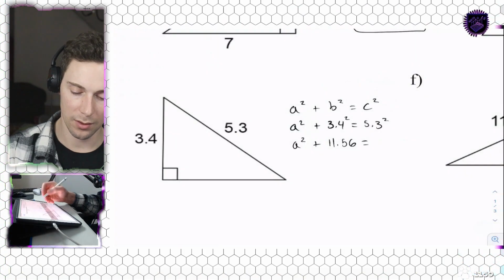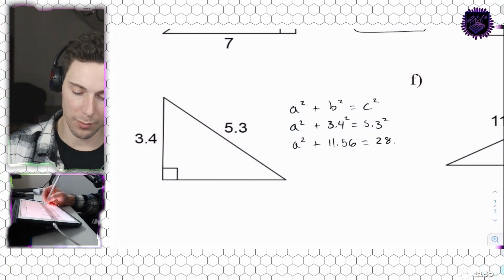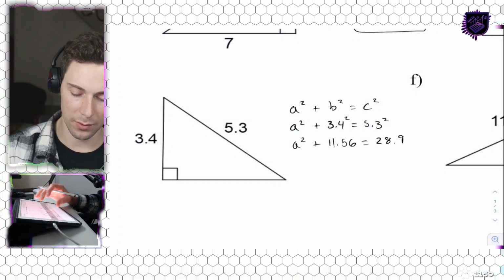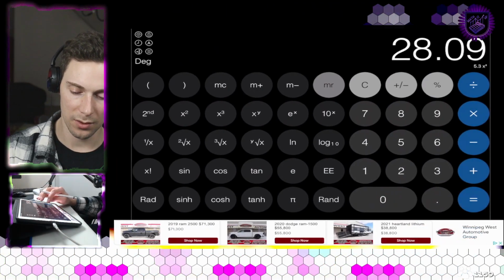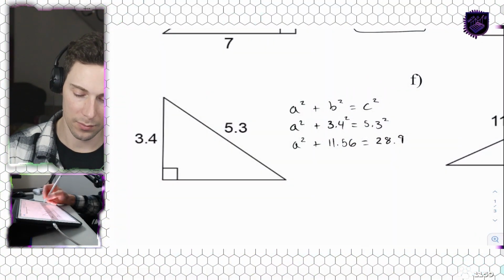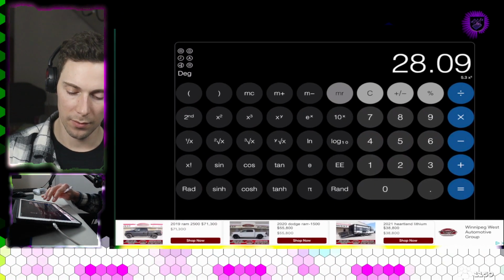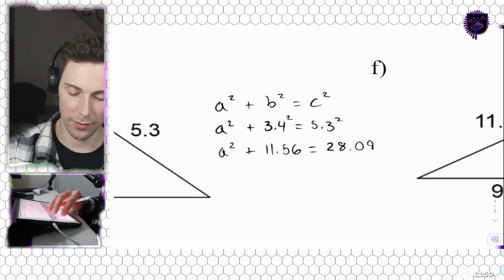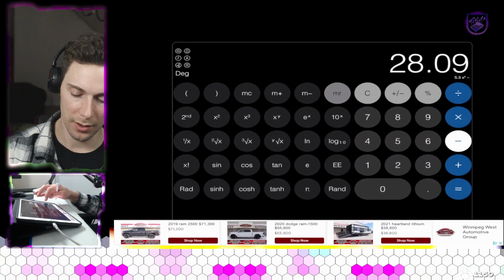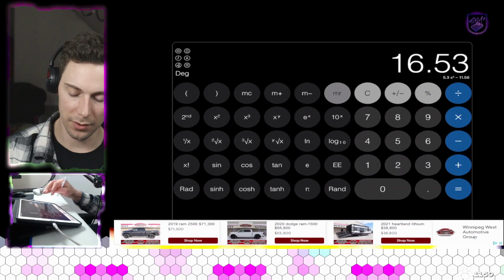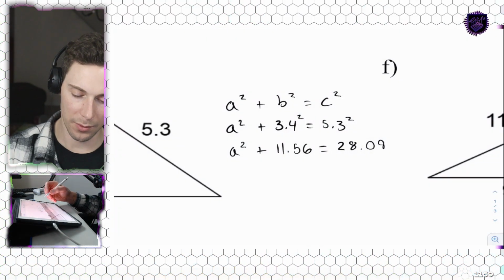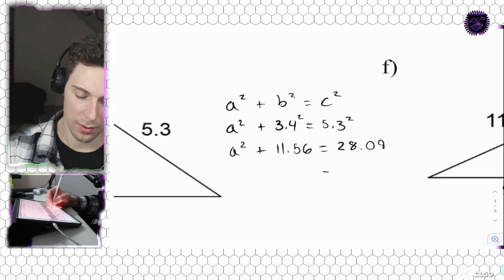5.3 squared is 28.09. 28.09 minus 11.56 equals 16.53.